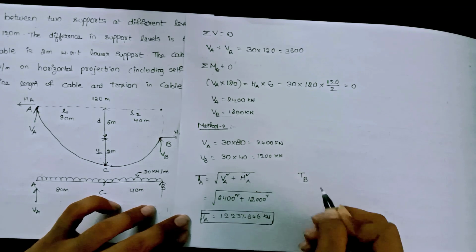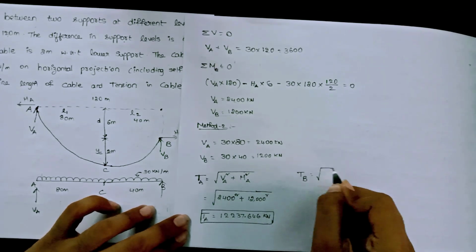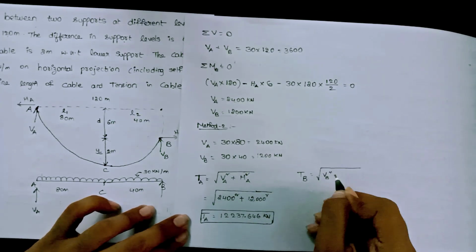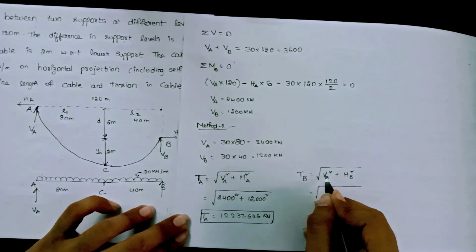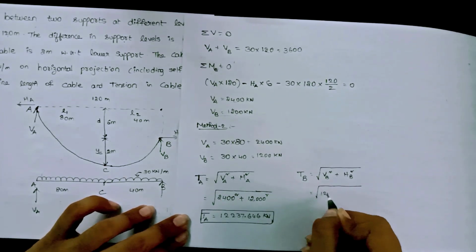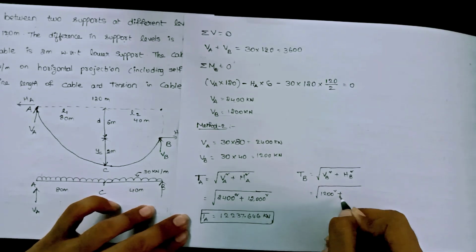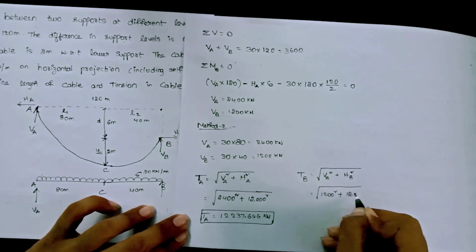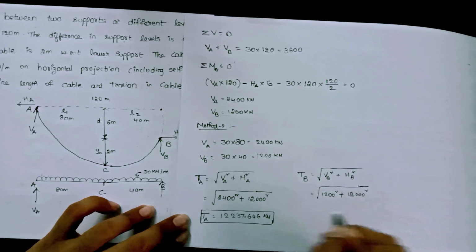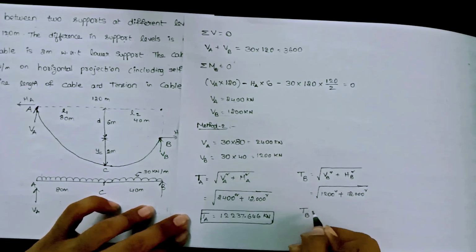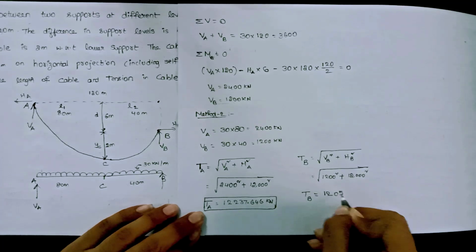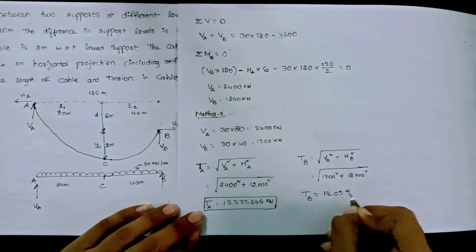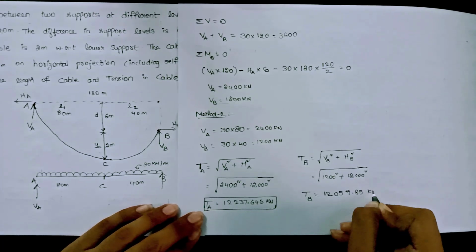Similarly calculate the tension at support B. It means square root of VB square plus HB square. So vertical reaction VB is 1200 square plus HB square, that means 12,000 square. So this gives the tension at B. The tension is 12059.85 kilonewton.